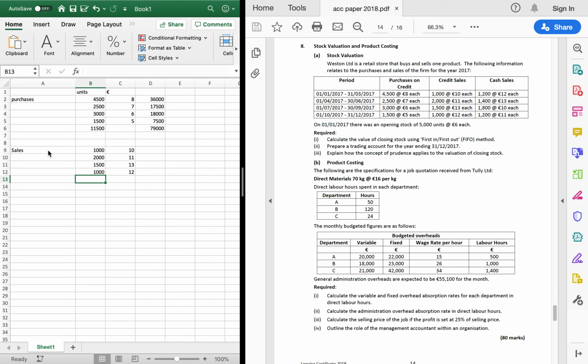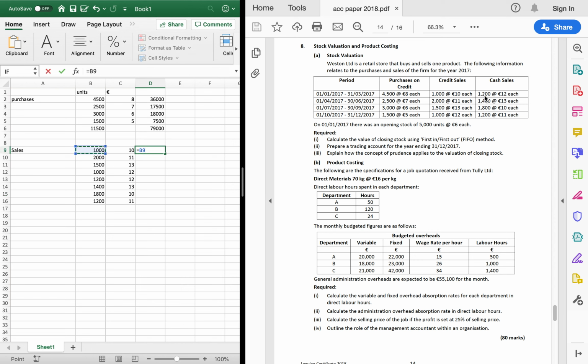And then we're going to go into the cash sales, just continue on. 1,200 by 12, 1,400 by 13, 1,800 by 10, and 1,200 by 11. Okay, so we're going to do those sums out as well.